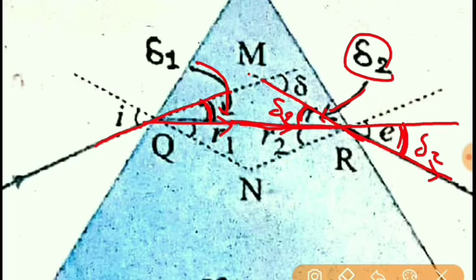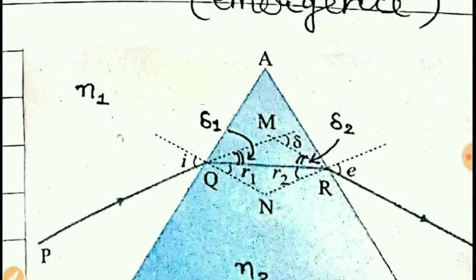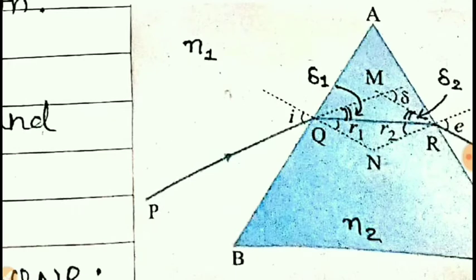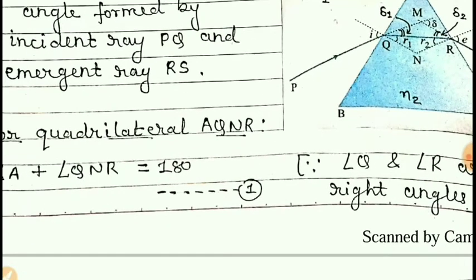So two times deviation occurs, and if we add these two deviations delta 1 and delta 2, then we get the total deviation delta. Okay, so now you understood the concept of this figure and its mechanism.